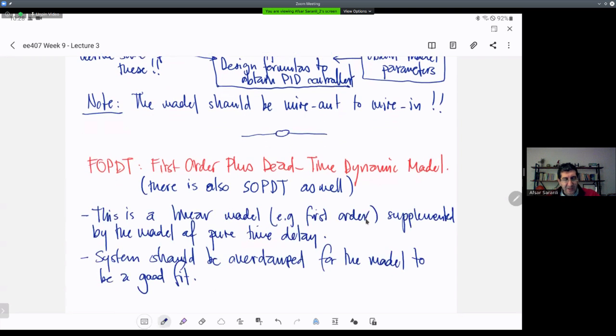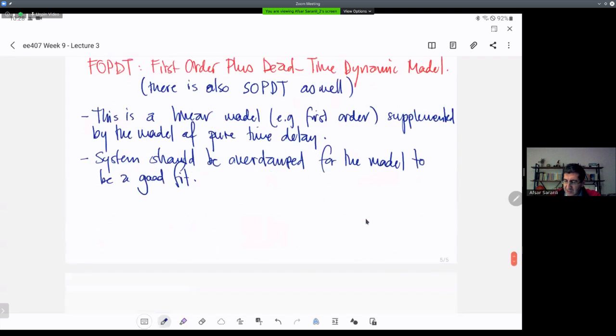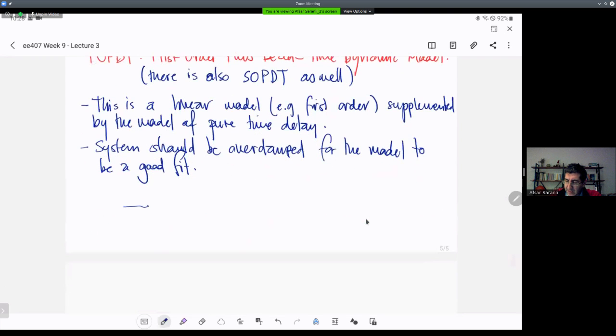So let me give you, this is our process, right? We have the inputs. G of s is our plant or process, and we have the output.